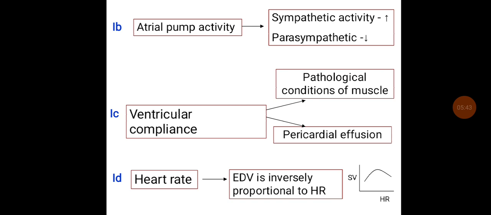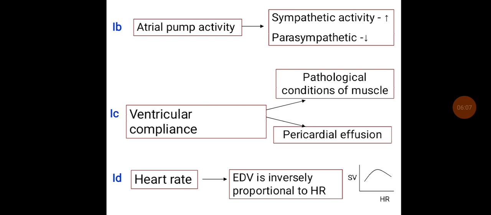And of course, ventricular compliance is the elasticity of the ventricle. If the ventricle is more elastic, it is able to stretch more and can accommodate more blood, so end-diastolic volume is going to increase and stroke volume is going to increase accordingly.